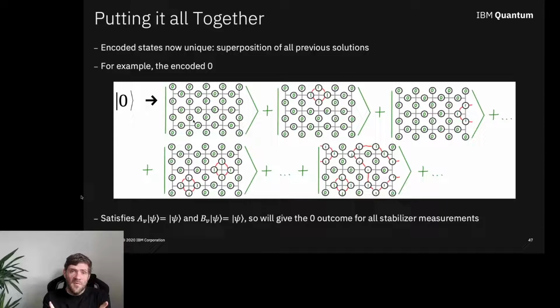And so it's just permuting them in the superposition. And on that little superposition of those two particular bits, it doesn't do anything. Similarly, everywhere else, you're just going to get permutations of things that are already in the state, so it doesn't actually affect the state. So this big superposition is indeed an eigenstate of all the vertex operators with eigenvalue +1, and therefore when you measure them, you're going to get the outcome 0.